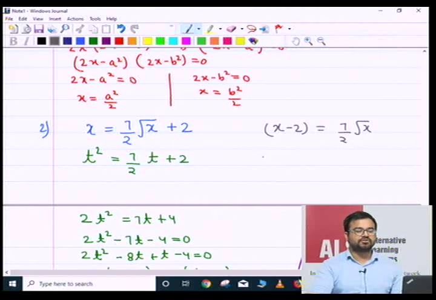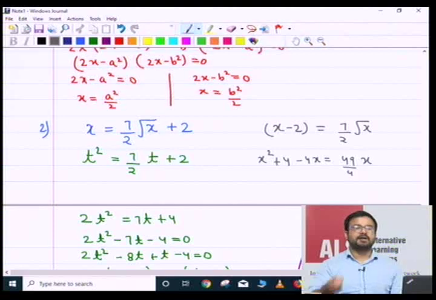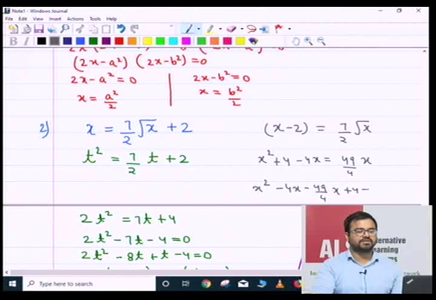And if you are going to square this, a square plus b square minus 4x is equal to 49 by 4x. Yeah, you can do it in this way. We have removed the root. So x square, and take this 49 by 4x on the left hand side. So minus 4x minus 49 by 4x plus 4 is equal to 0. You can solve it in this way.